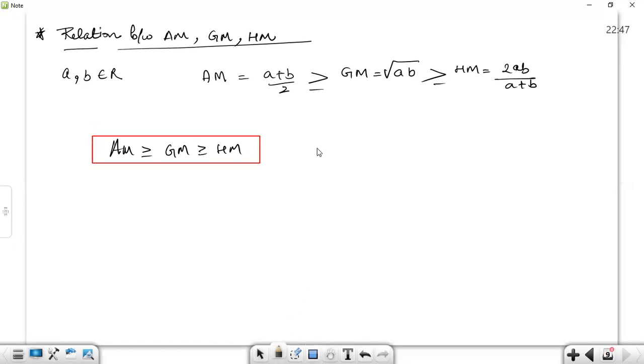Okay, so let's take some example. Let me search for the example.